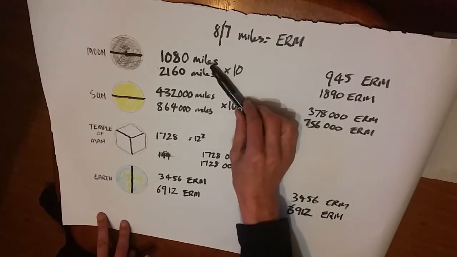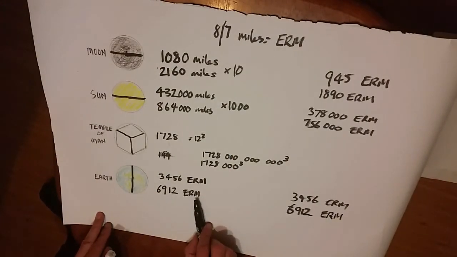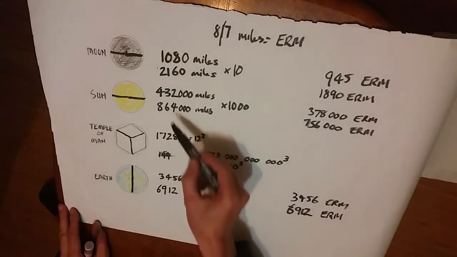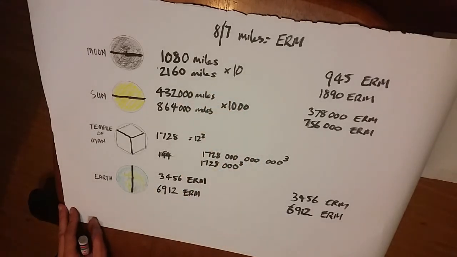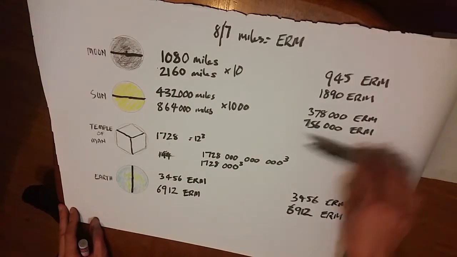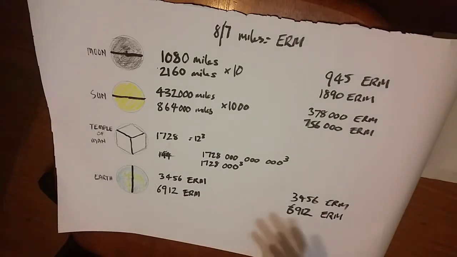Now, unlike here where we've used miles, now we have to use Egyptian royal miles, because if you convert this into miles, you don't get this same pattern going on again. We do have that happening here, but we don't have it happen there. So when you convert to miles, it doesn't work the same.